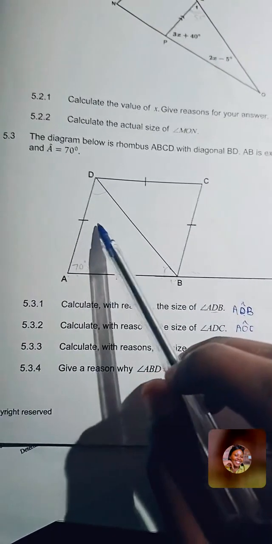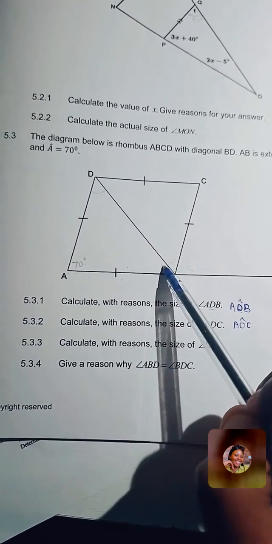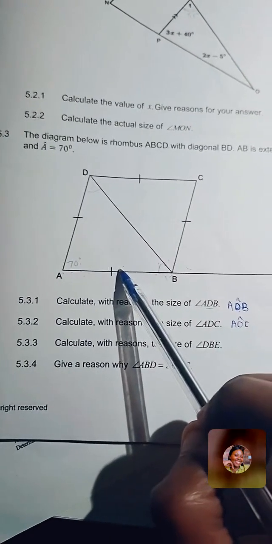It only stands to reason that if these two sides are equal, these angles here are also equal. We call that angles opposite equal sides. So that's what we are going to start off with. We are going to say angle ADB is equal to angle ABD.